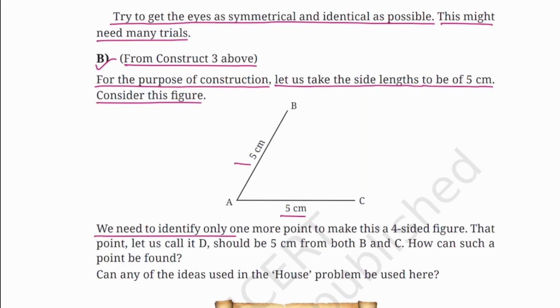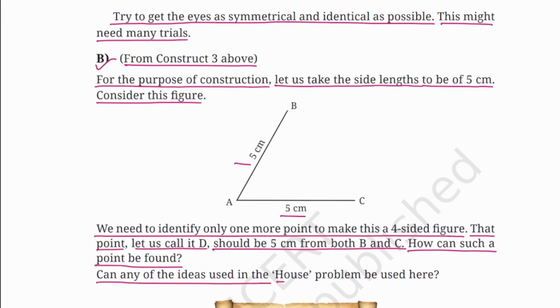We need to identify only one more point to make this four-sided figure. That point, let us call it D, should be 5 cm from both B and C. How can such a point be found? Can any of the ideas used in the house problem be used here?